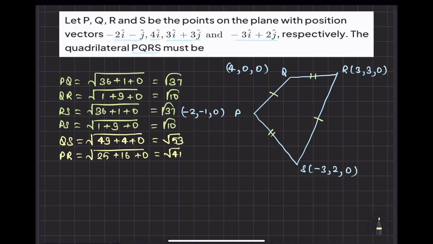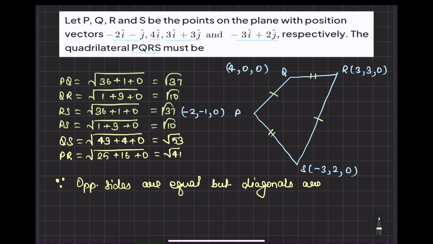So the diagonals are not equal. Since opposite sides are equal but diagonals are not equal, therefore it is a parallelogram. I hope the idea is clear and you can handle similar situations.